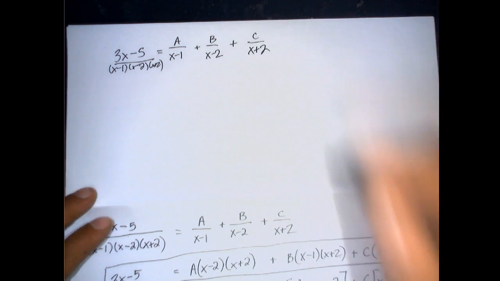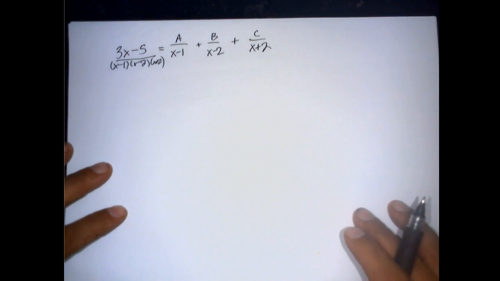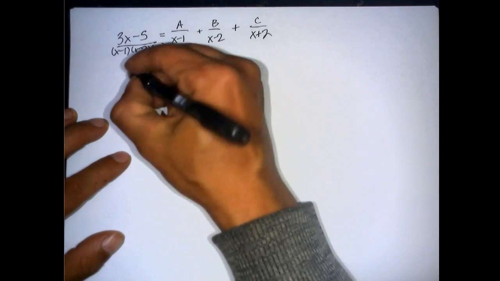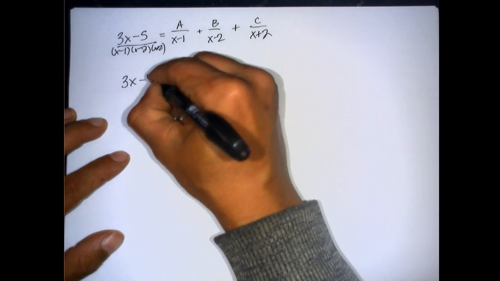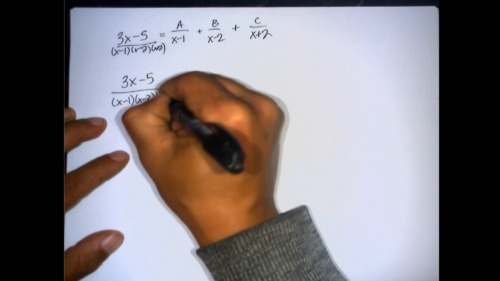Okay. So let's fill in the blanks here. And that's tacky looking, I'm sorry. So 3x minus 5 over x minus 1, x minus 2, x plus 2.